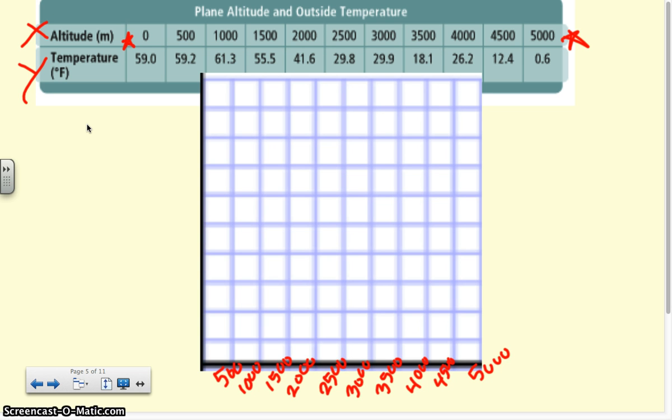And my Y would range, it looks like I range, oh my goodness, from 0.6 all the way to like 60. I'm thinking I'm going to go by possibly 5. 5, 10, 15, 20, 25, 30. I can't really do that. I'm going to have to go by 10s. 10, 20, 30, 40, 50, 60.